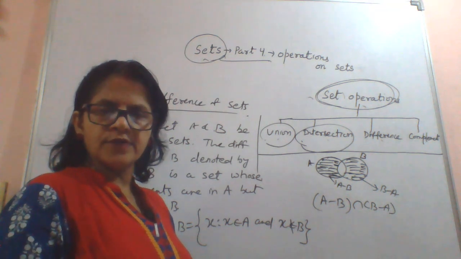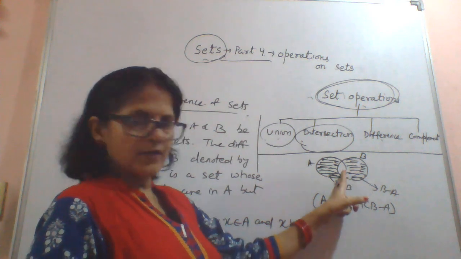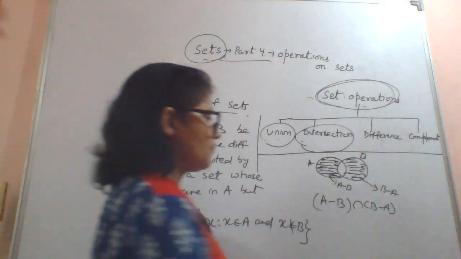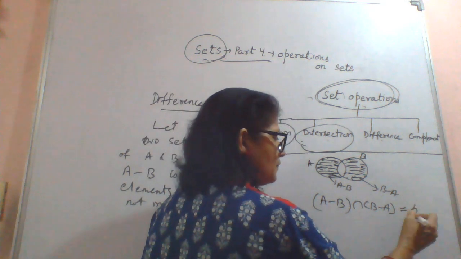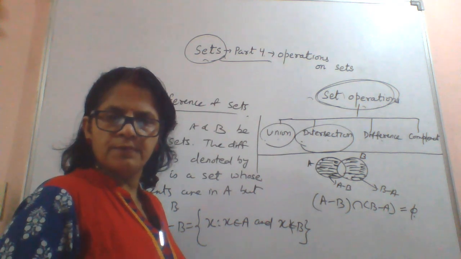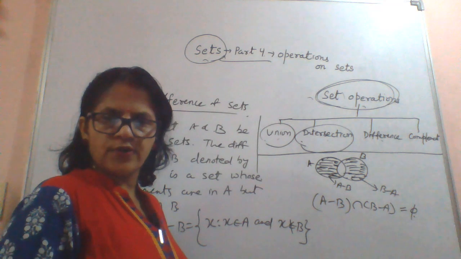Are there elements common to both A difference B and B difference A? No. So it means A difference B intersection B difference A is empty. That means the two sets are disjoint sets.